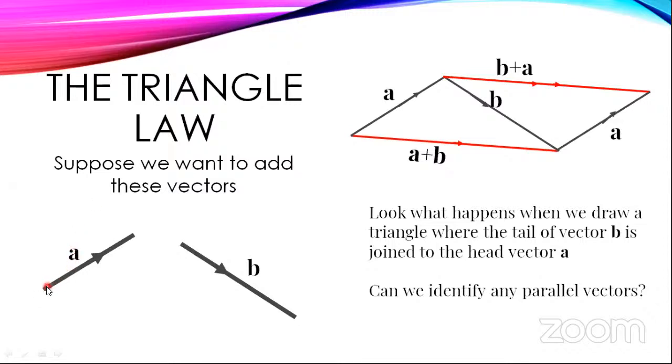What if I was to lift this A and put it at the other end of B, starting with B first? So let's look at how we're going. We're going from B in this direction, and then we're connecting vector A to it. We're still completing our triangle.